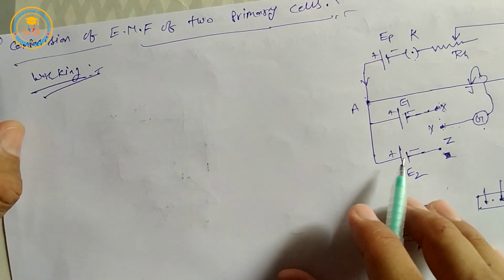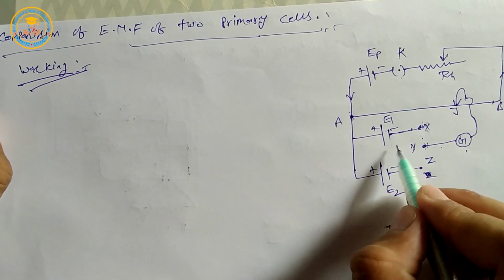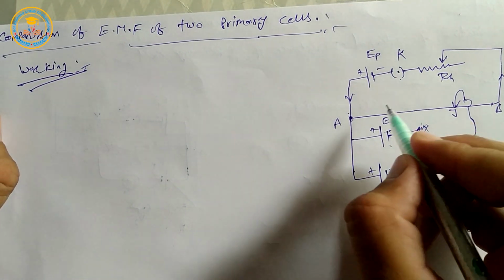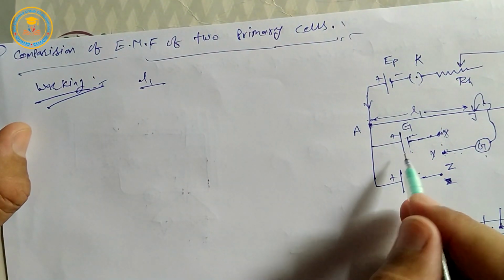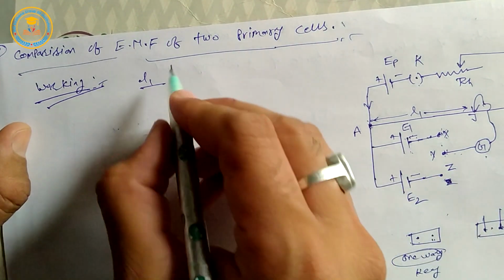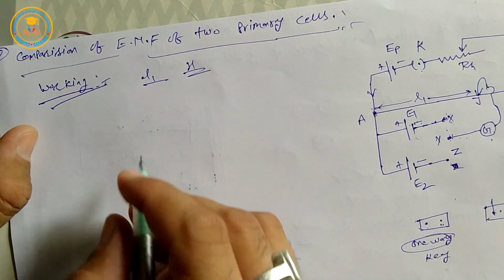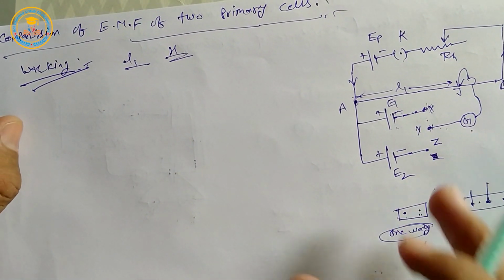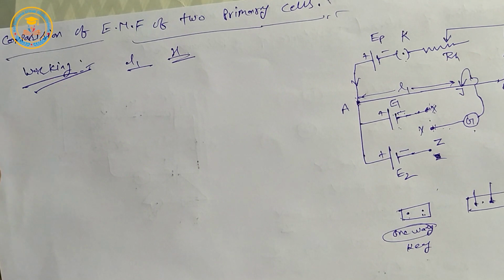Now, by moving the jockey on this wire, we determine the balancing length for the cell of EMF E1. Suppose the balancing length is L1 for the cell of EMF E1, and the potential gradient of the potentiometer is X. Then according to the principle of potentiometer, in the zero deflection state of the galvanometer, the value of unknown EMF is equal to the value of known potential difference.